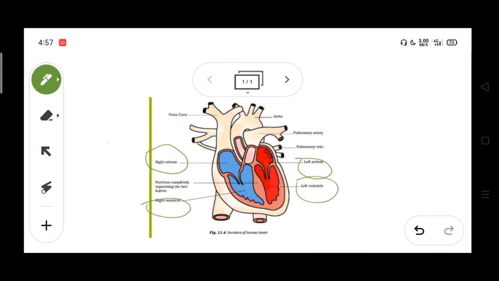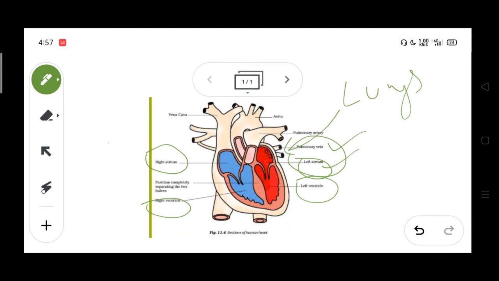From the lungs, we have 2 lungs, so there are 2 pulmonary veins. You can see the pulmonary vein is pumping blood to the left atrium.